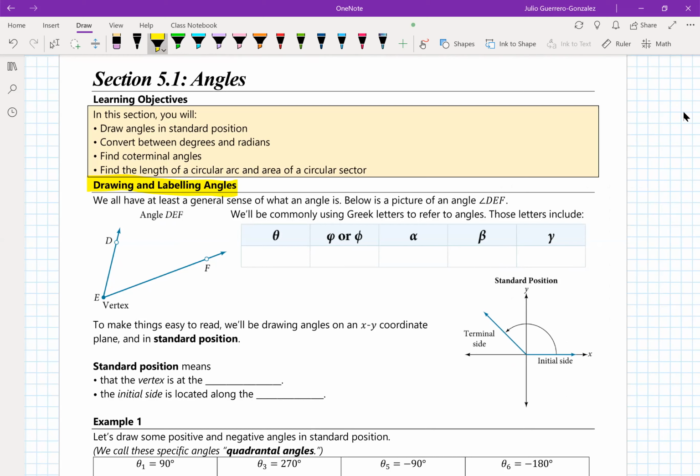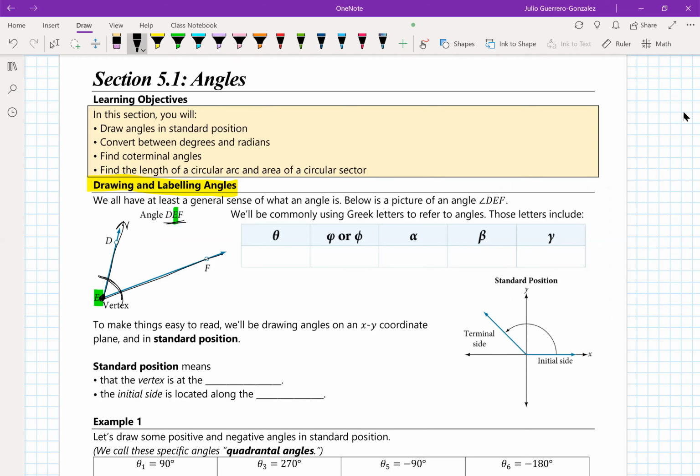Whenever we have an angle, it has a vertex and two rays that go outward like this, right? The way we denote it is DEF, where that vertex point is the middle letter there, okay?